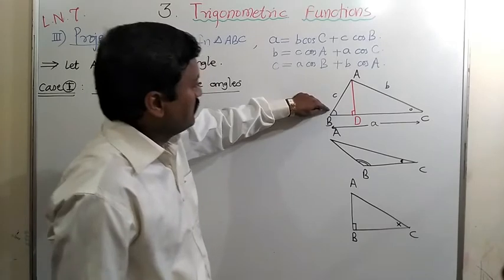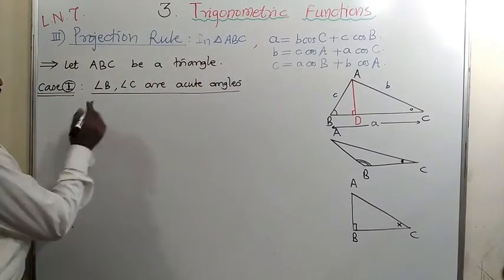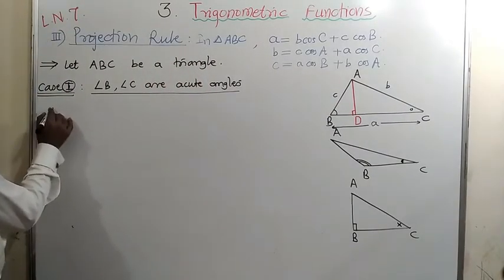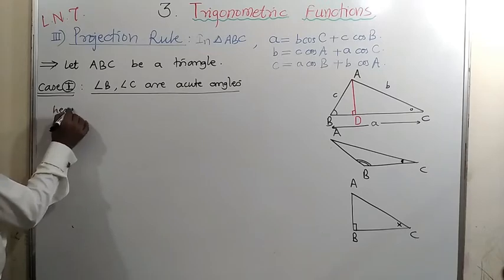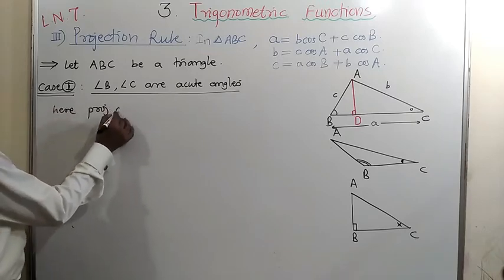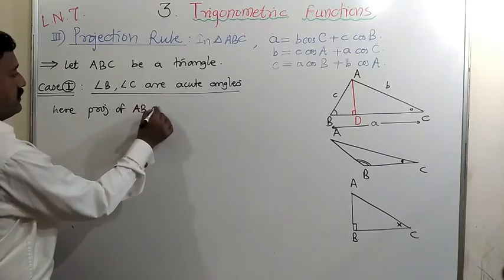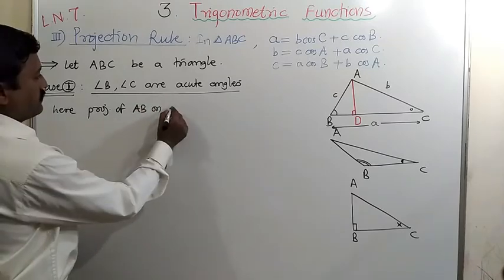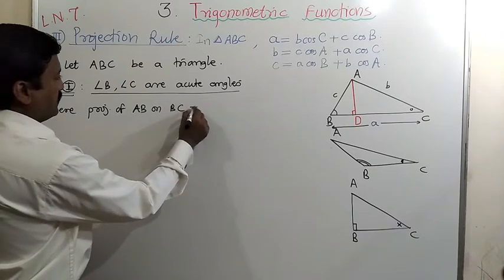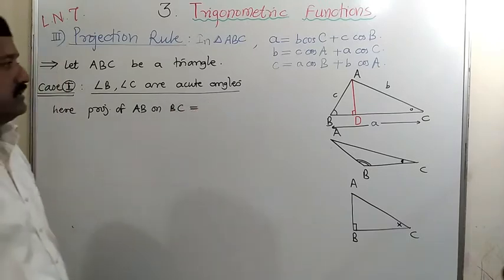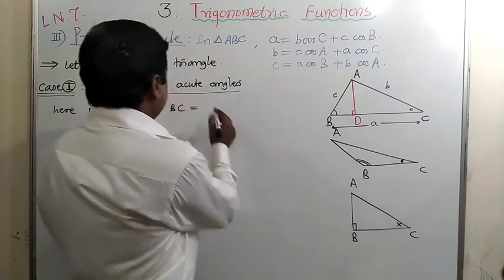So here the projection of AB on side BC is equal to, that we have to find, it is nothing but actual BD.